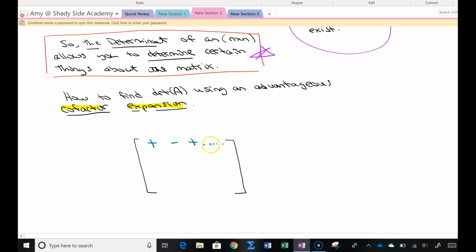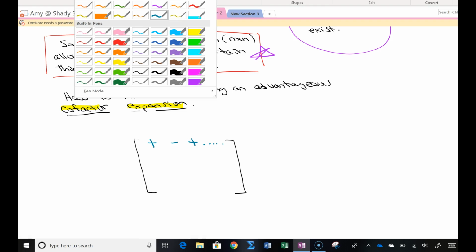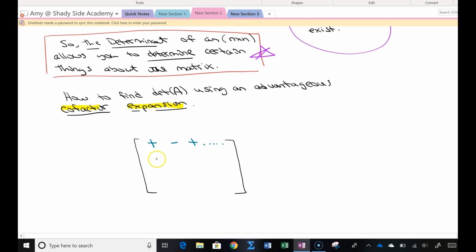Once you know row 1, the great thing is that the other rows and columns have to fall into place. So it goes plus, minus, plus, then minus, plus, minus, dot, dot, dot, plus, minus, plus, dot, dot, dot, minus, plus, minus, dot, dot, dot. And I'll put dot, dot, dot in both directions here. So the point is that you see a pattern.